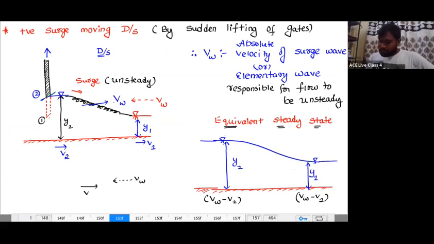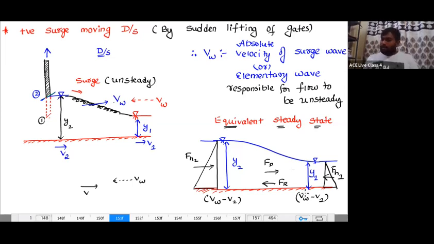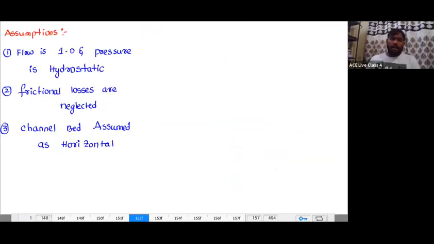Now you see whatever the distribution here, the pressure distribution is hydrostatic, but this time this is FH2 along the direction of flow, FD, resisting FR, and there is going to be the hydrostatic force, this is FH1.